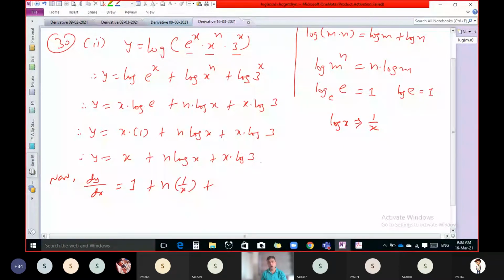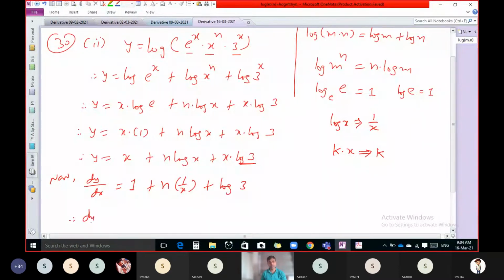Plus, see this log 3 is a constant number. So there is a rule of k into x: constant number into x, the answer of that is the constant number only, because the derivative of x is 1. So here x log 3 is a constant times x and the derivative of x is 1, so the answer is log 3 only.